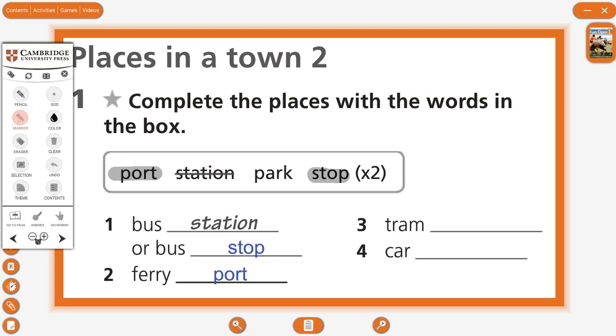And tram, we can say tram stop. Yes, that's true. You stop twice, so we delete twice. Delete stop. Tram stop. And car park. That's true. Park. You know the meaning of these words, so it shouldn't repeat again.